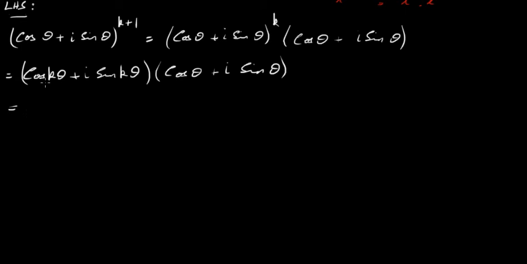Next thing I'm going to do is just multiply all of this out. So I'm going to multiply this by this, this by this, this by this, and this by this. So what do we end up with?